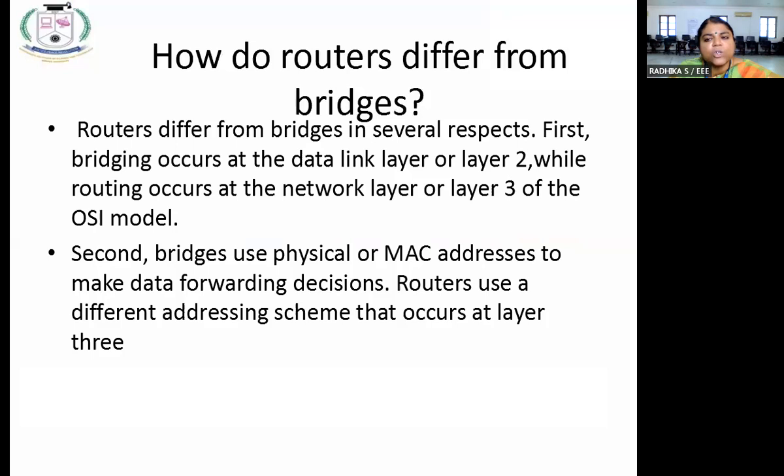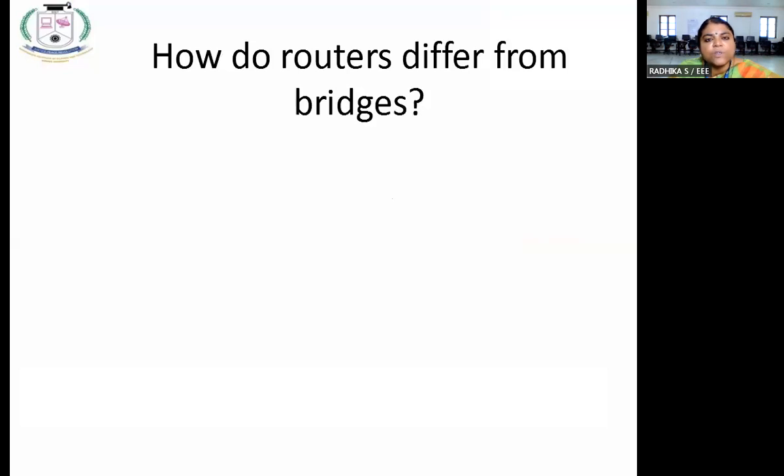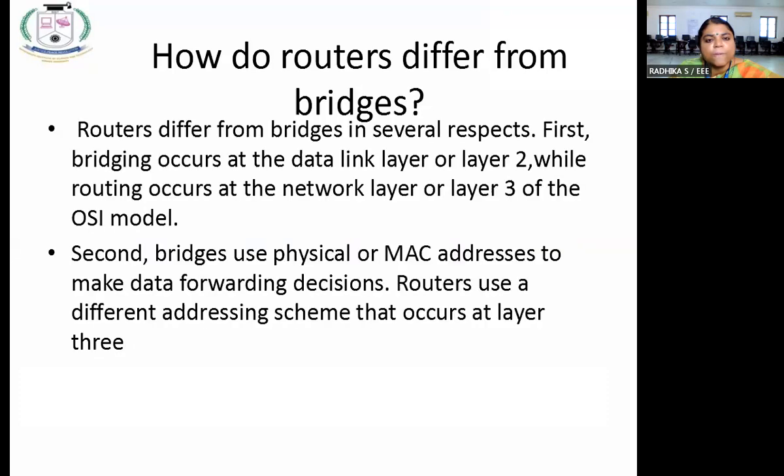So what is actually the difference between routers and bridges? First, bridging takes place, or we use bridges, in the data link layer, whereas routers are meant for the network layer.